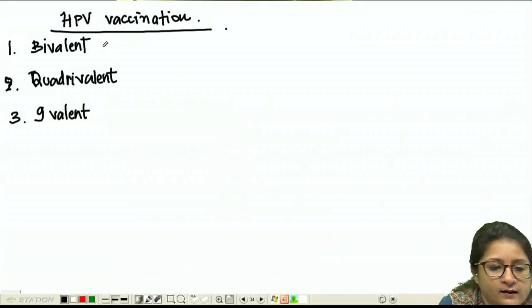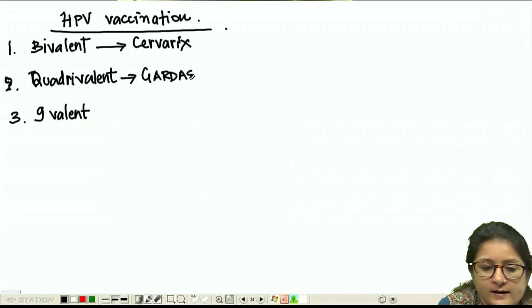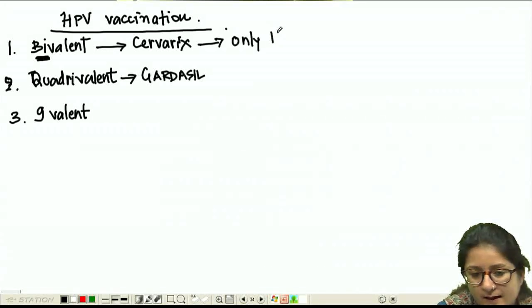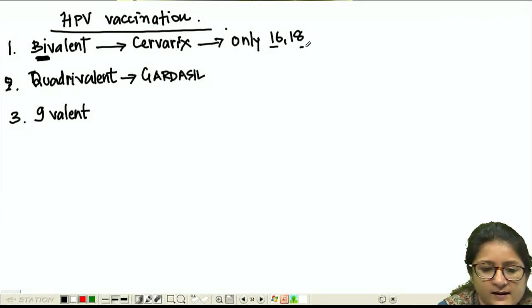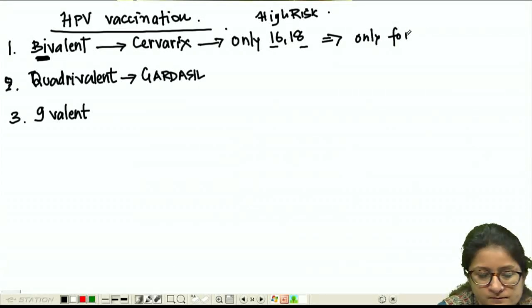All right. Now, the bivalent one is the Cervarix, the quadrivalent one is the Gardasil. Remember that bivalent has only 16 and 18. These are the high risk types, and it is only for girls.